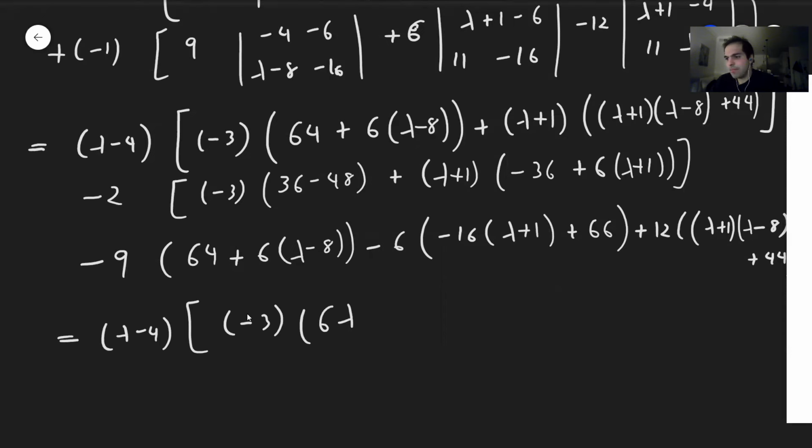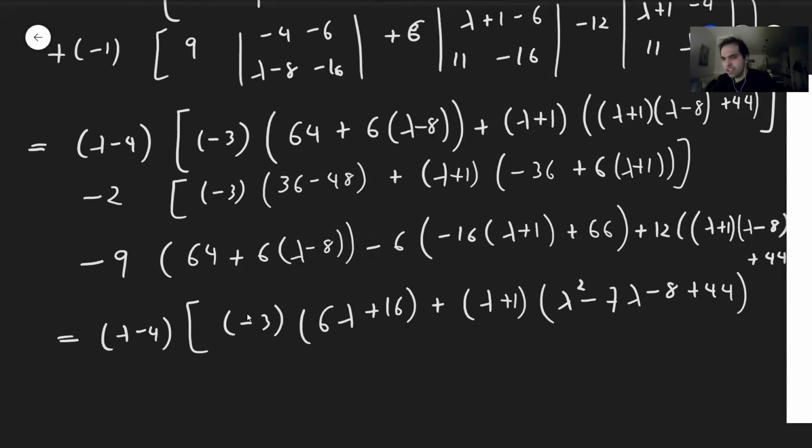So 6 lambda plus 16, and then plus lambda plus 1. This one you can do lambda squared minus 7 lambda minus 8 plus 44, which you can simplify to lambda squared minus 7 lambda plus 36.